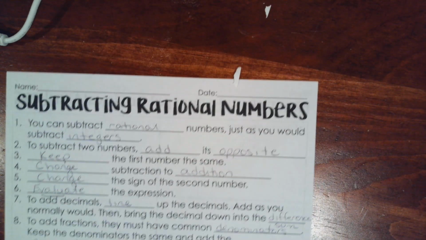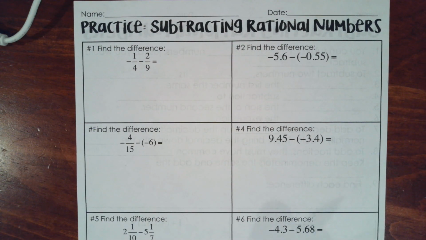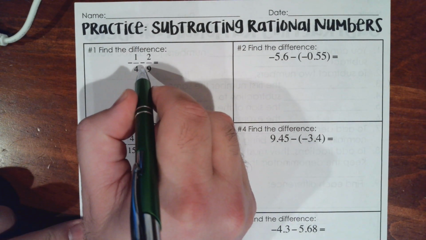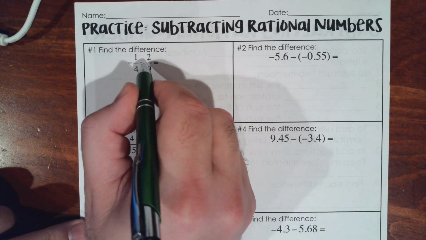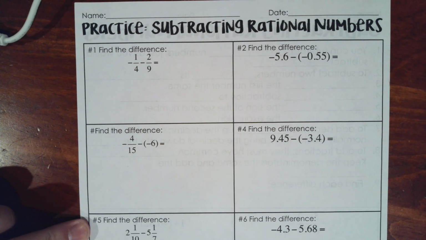Flip the page over because I just want to get you prepped for the back. For each problem, remember that you're going to change each subtraction problem to be an addition problem, and you're going to use the opposite of the second number. For this problem, you're going to change it to be addition of negative 2/9.